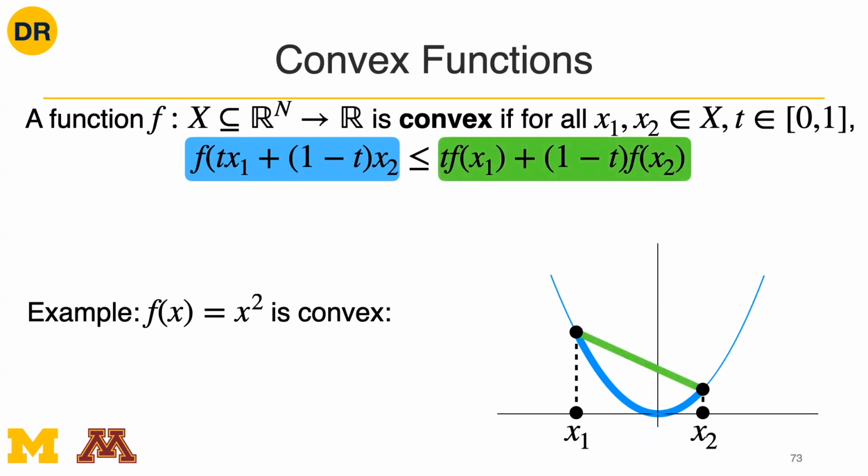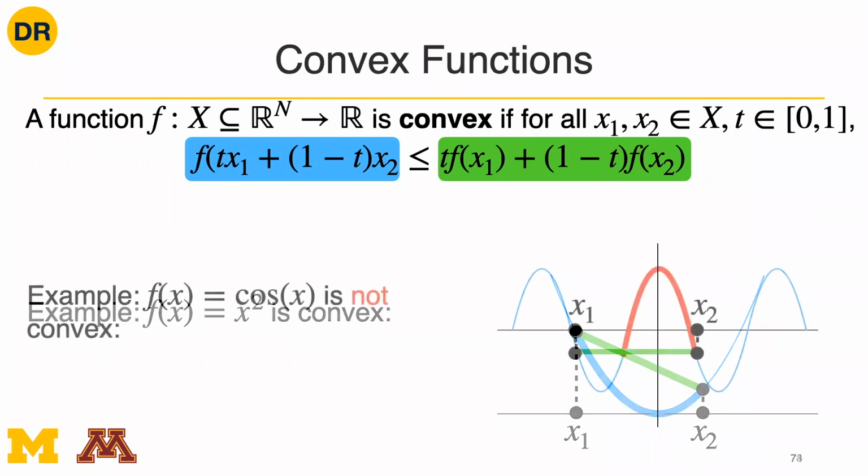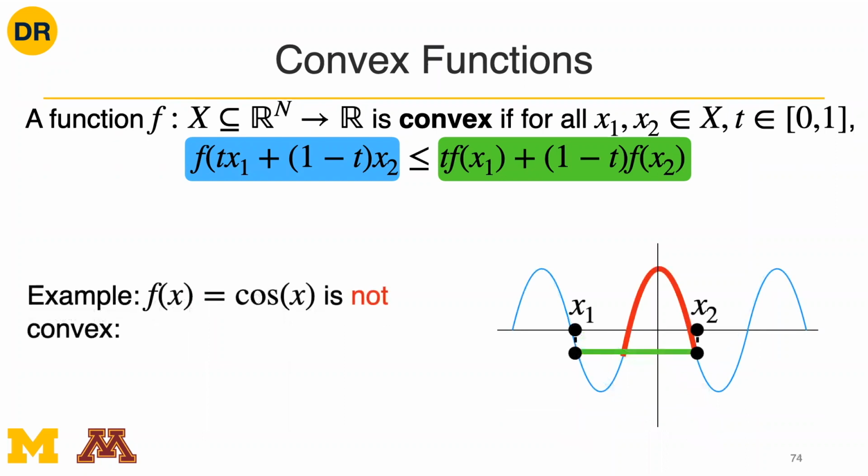At every point, that line should be higher than your actual function value. That is the definition of a convex function. An example where it is not convex is this one: we have this line, but these values are above the line.